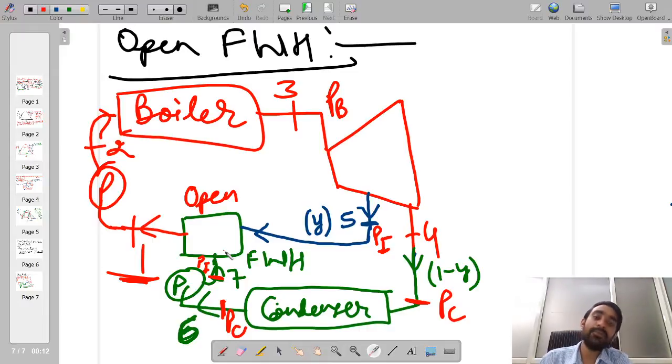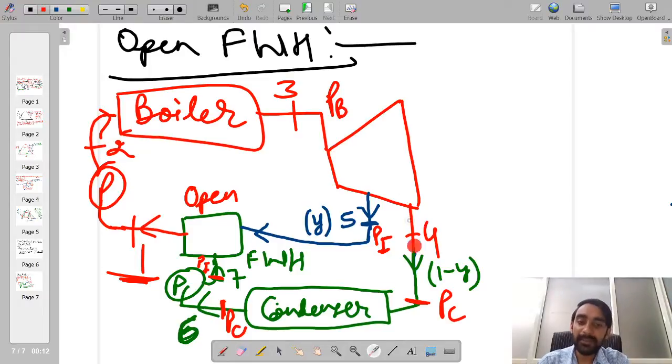Okay, and another important point we have to remember over here is that earlier what was happening, the expansion of the total mass of steam was happening inside our turbine. When now we have extracted Y fraction over here, then during the expansion from stage number 5 to stage number 4, now we will be having only 1 minus Y fraction of steam within the turbine.